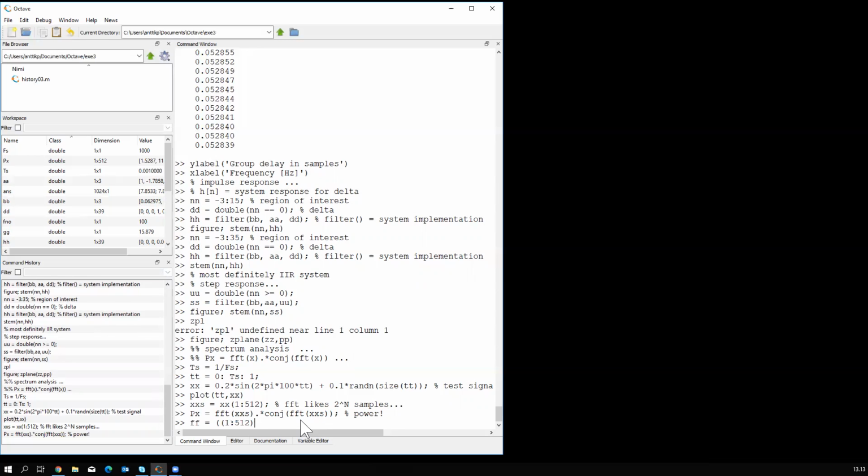It starts from 0, so 1 to 512 minus 1, that's actually 0 to 511. Then we scale this to between 0 and 1. So now it's normalized between 0 and 1, where 1 means same as the sampling rate.